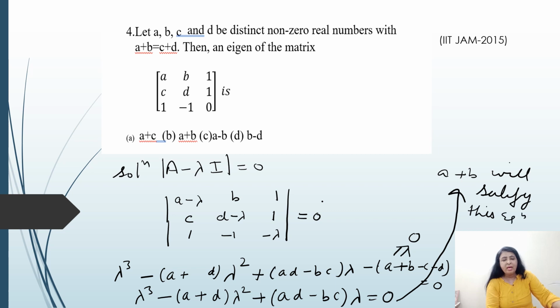So B is the answer. You can put a + b as λ and solve it out. On solving this, you will get 0 is equal to 0. This means B is the right answer.